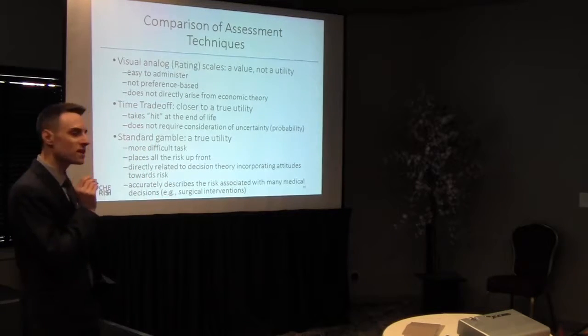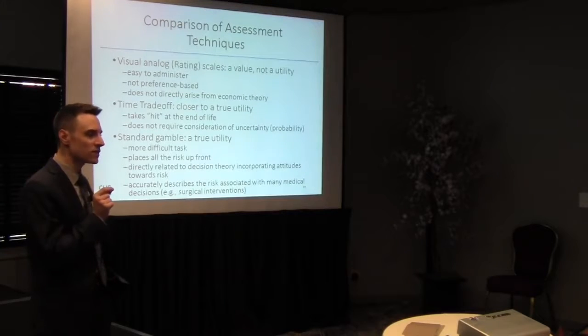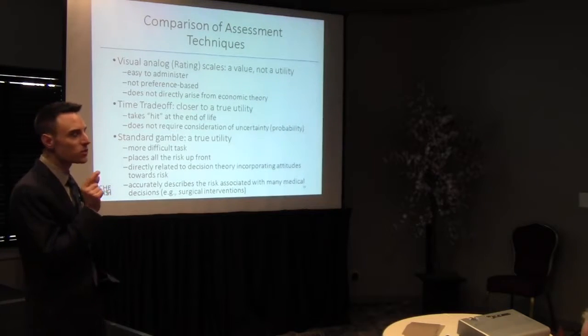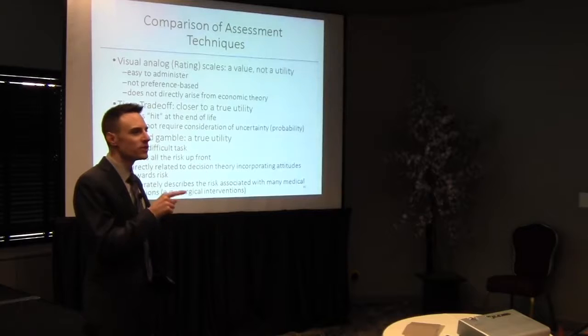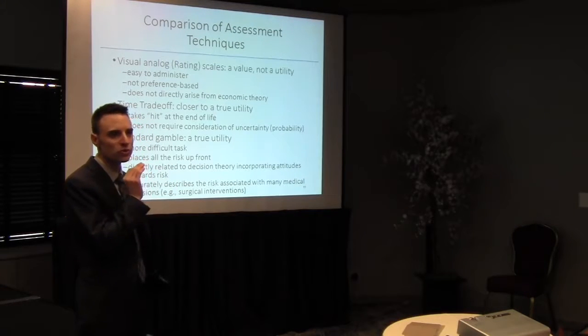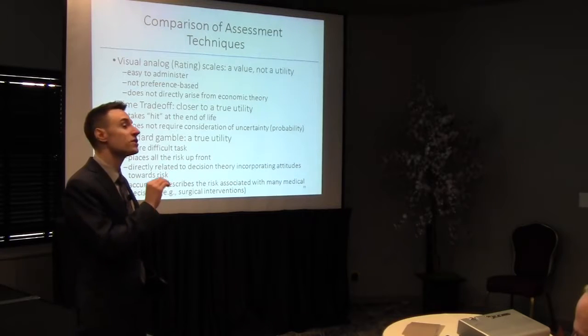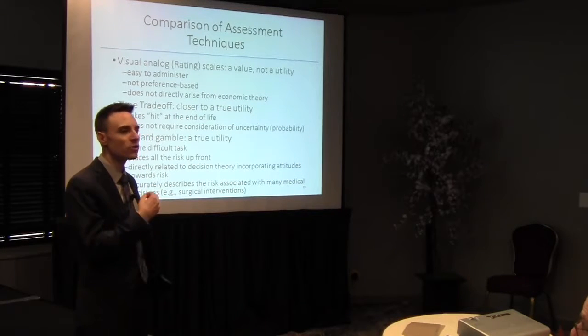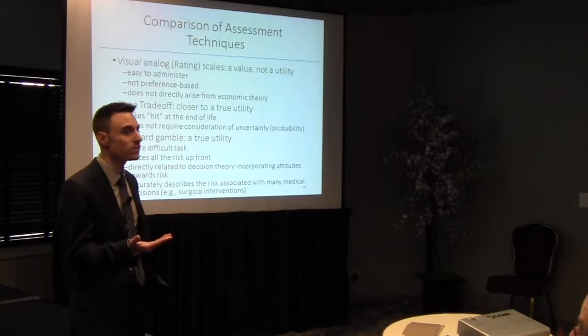So that brings us to standard gamble. This does give us a measure of utility. So first of all, be careful when you're reading through the literature. It does matter which instrument they used and how those values were derived as to whether it's actually a utility value or whether it's just a health-related quality of life preference weight.